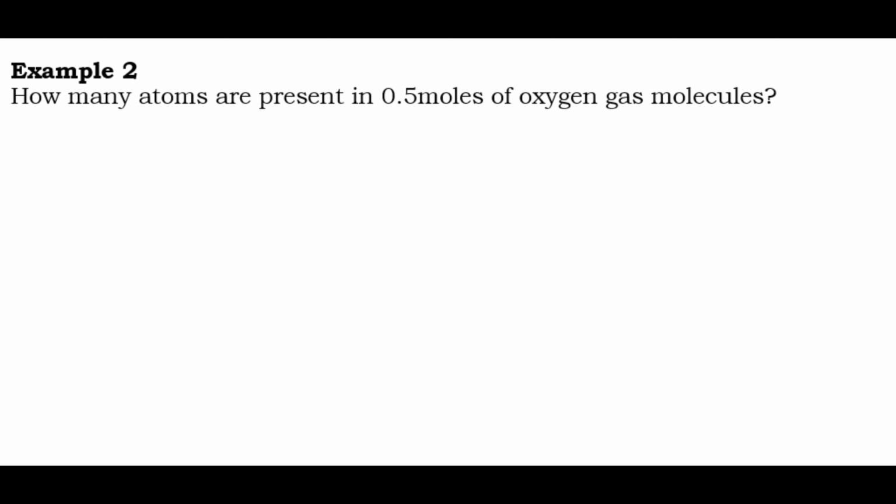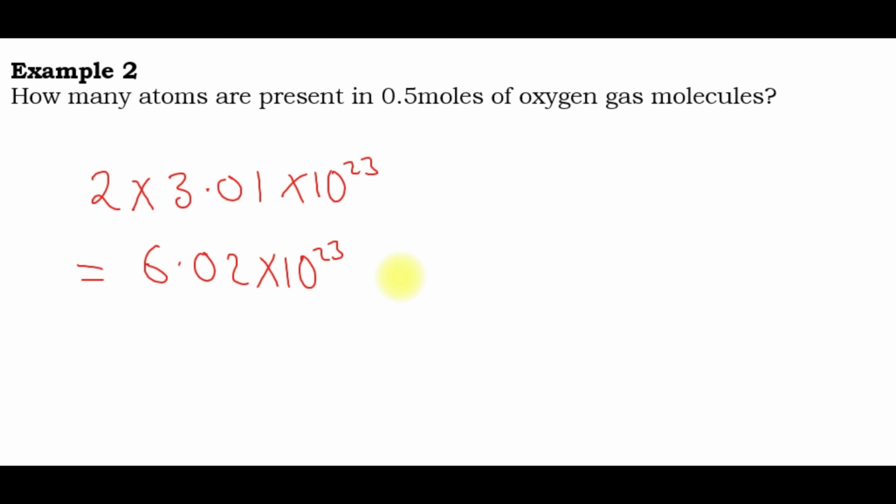The reason is simple, it's because for every molecule, there are 2 atoms. So we're going to say 2 by 3.01 by 10 to the power 23. So what are we going to get? We're getting 6.02 by 10 to the power 23 atoms of oxygen. So these are the number of atoms present in 0.5 moles of oxygen gas molecules.